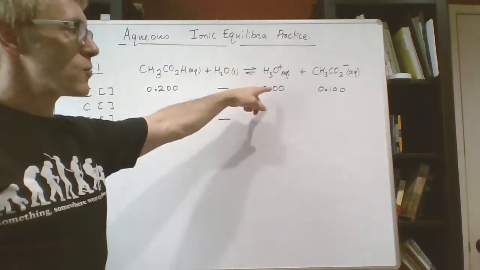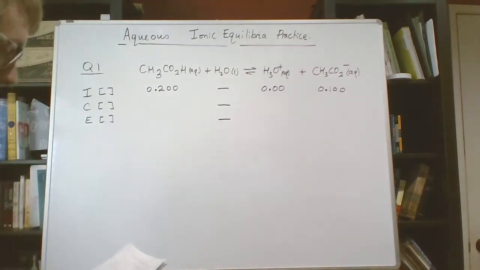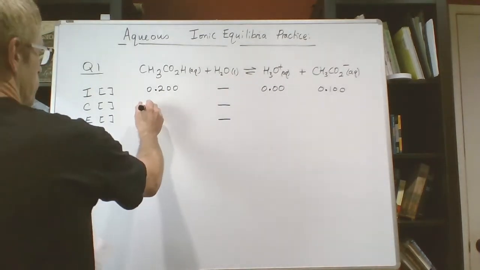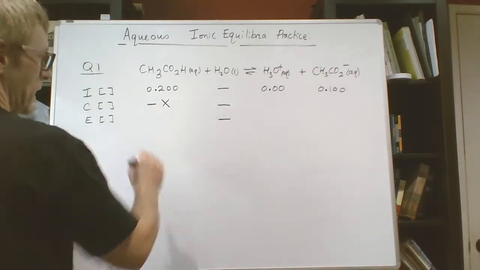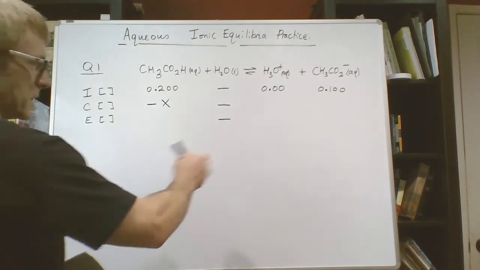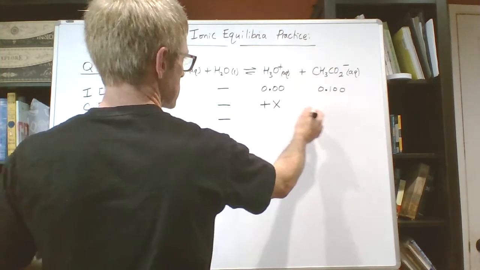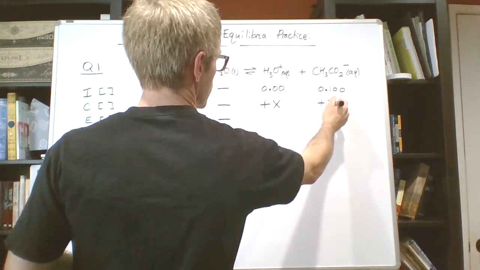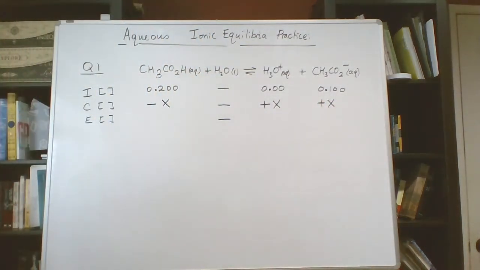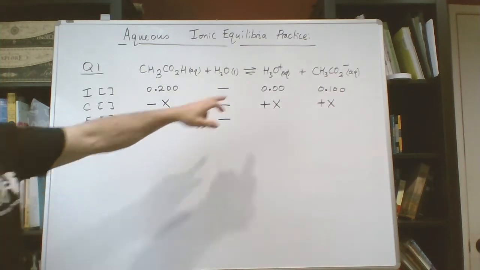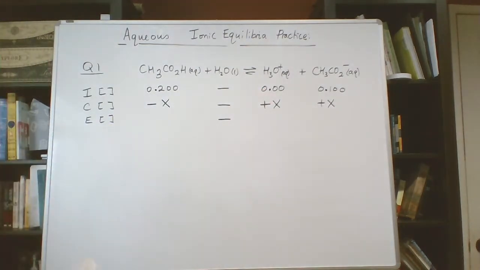So we're going to shift right because we shift towards a 0. Everything on the left is going to decrease by a value x. Everything on the right is going to increase by a value x. Again, that's because we're shifting to the right, because we shift towards 0 as always.